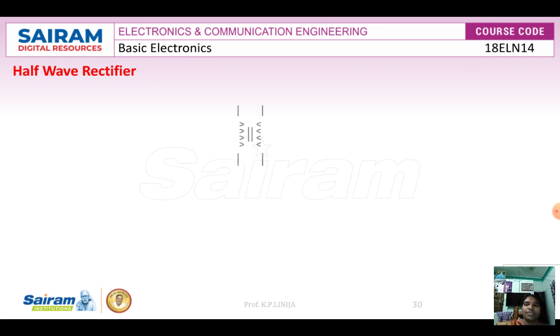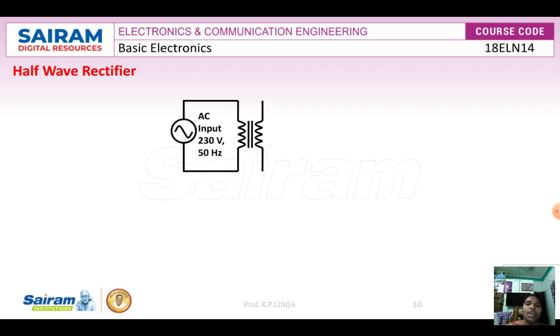Half wave rectifier. First we need to form a circuit diagram. First we need a transformer. This is the transformer we are using. This transformer has an AC input of 23 volt and 50 hertz.